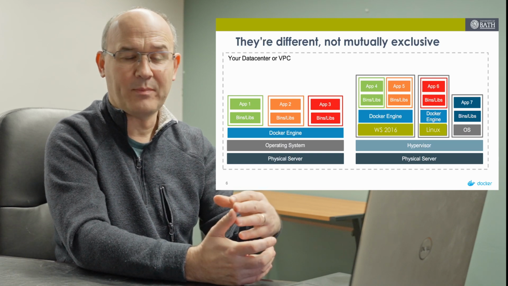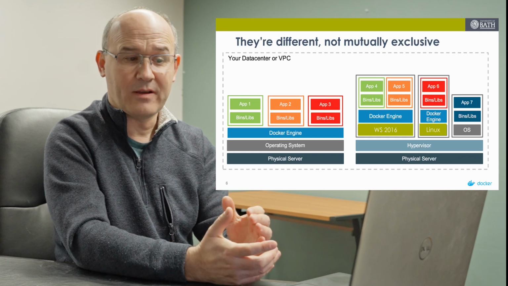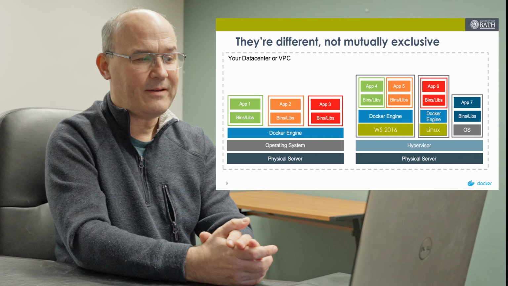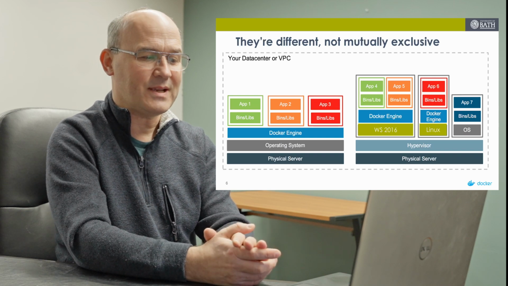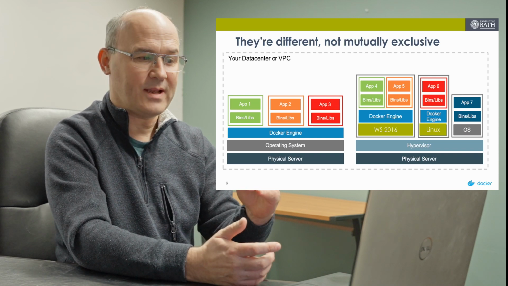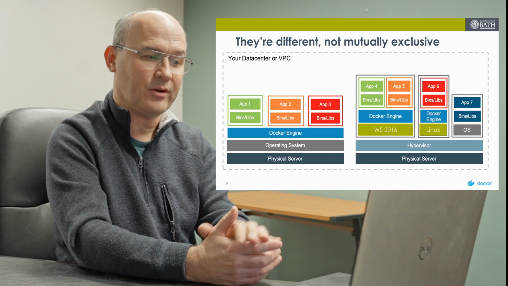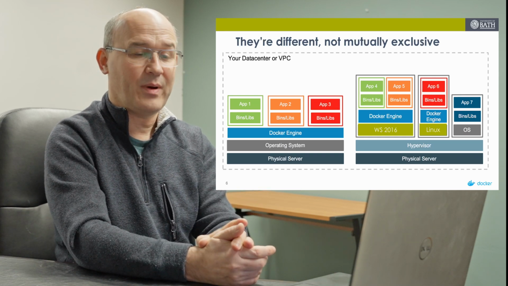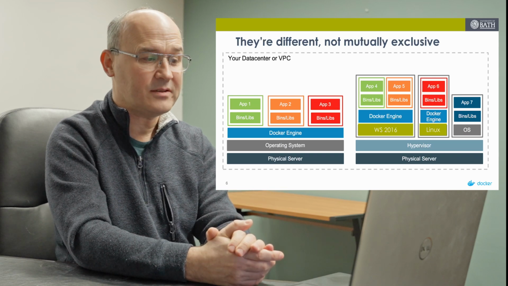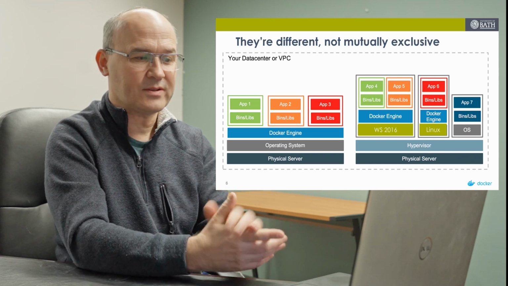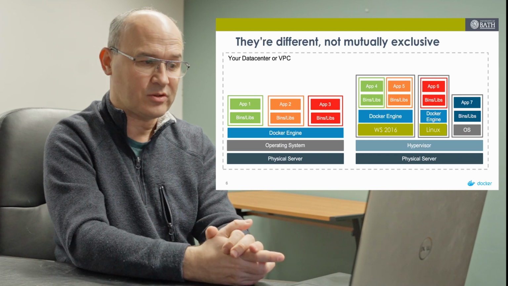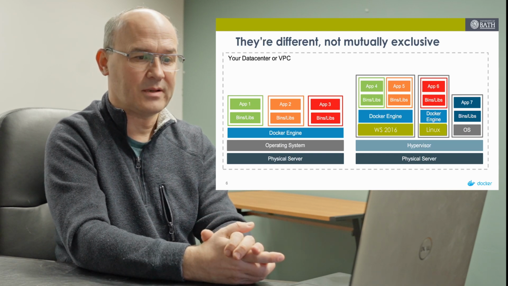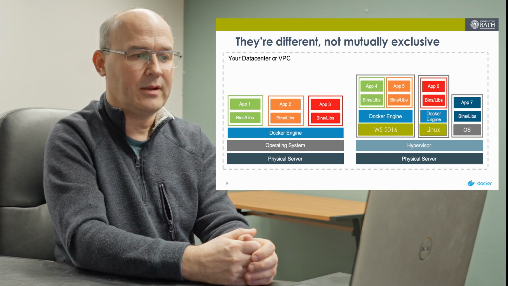You would also have a hypervisor and a physical server running that architecture, whereas on the left, your data center is basically running the physical server, the OS, and Docker as the thin client on top of that OS, and then running app 1, app 2, app 3, perhaps in 3 separate Docker containers on the left, or one bigger Docker container. Both architectures are possible with this Docker deployment and the topology of Docker, if you want to consider it that way.